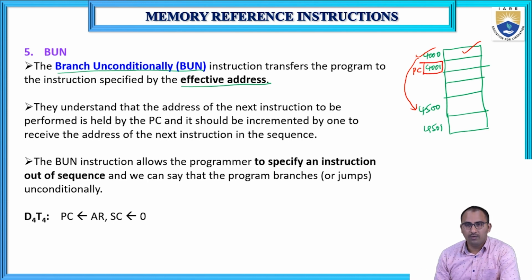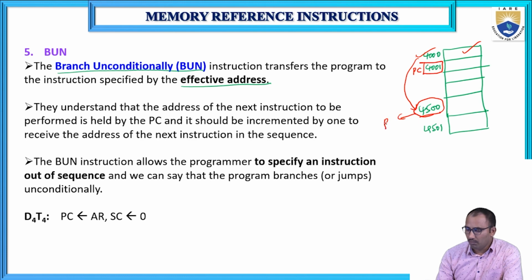But now we need to transfer to a new location, that is 4500. So this new location address 4500, we have to load into the program counter, so that the instruction available at the 4500 location gets executed.